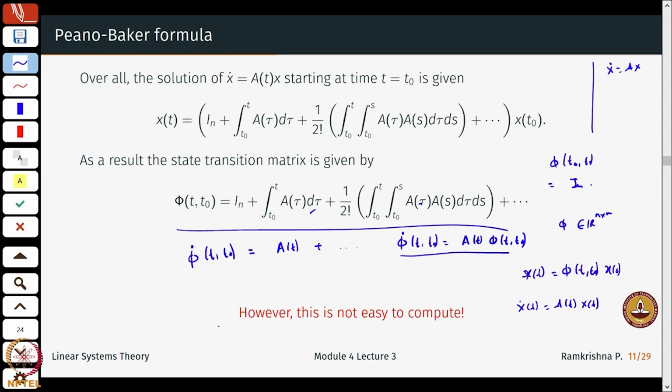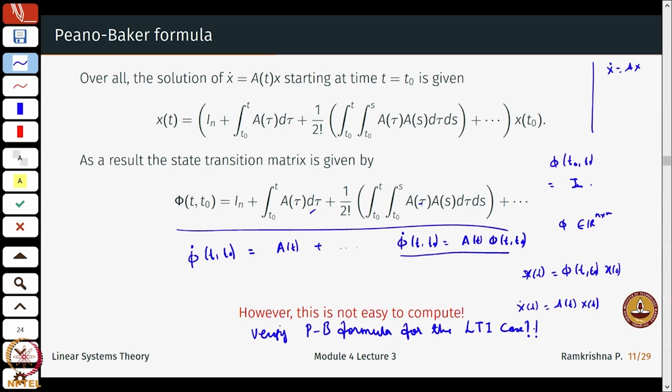I will leave it as an exercise: just verify the Peano-Baker formula for the LTI case. The results won't be surprising, but it would be helpful if you write down the details for yourself, just to get the concepts ingrained into your mind.